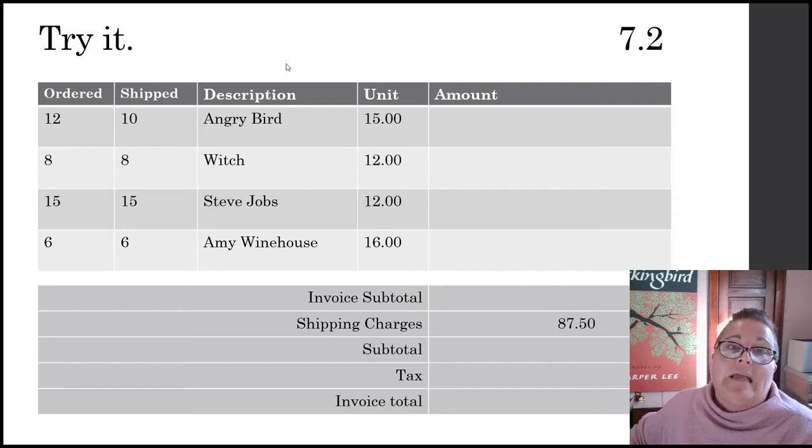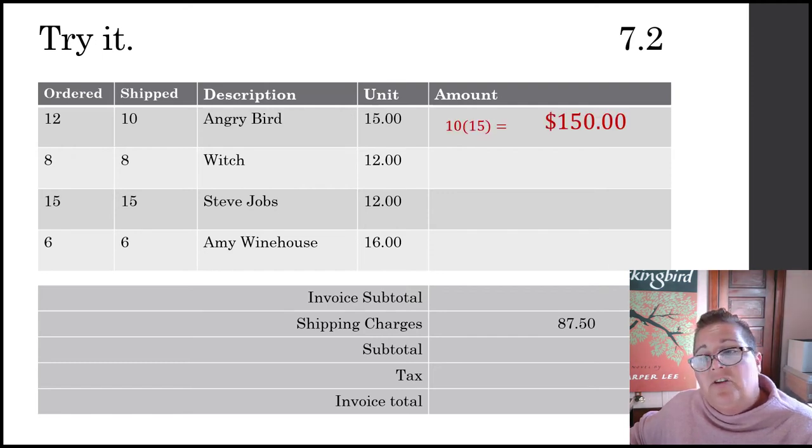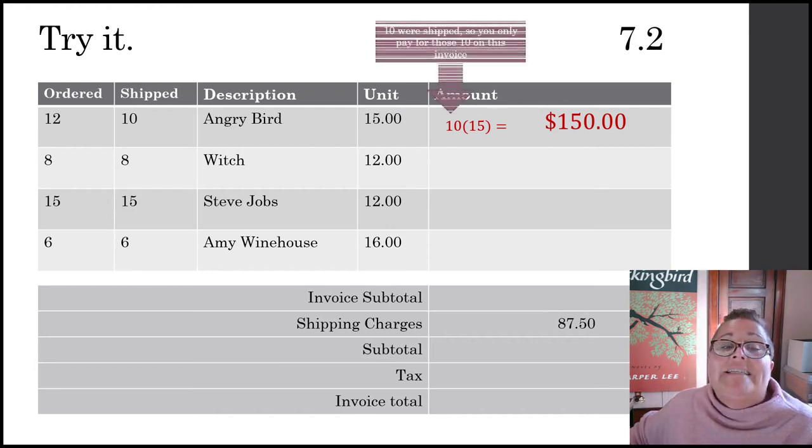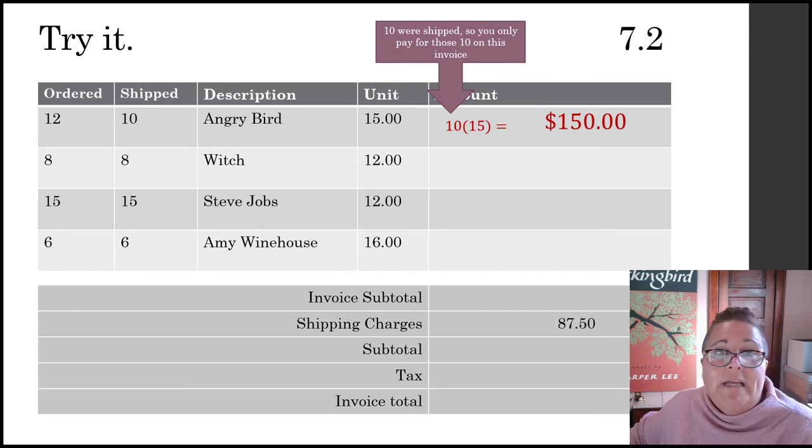Okay, so in order to extend the totals, we're going to take the 10 Angry Bird items that were shipped times $15 each to get $150. Again, for emphasis, notice that 10 were shipped, so I only have to pay for those 10 on this invoice.